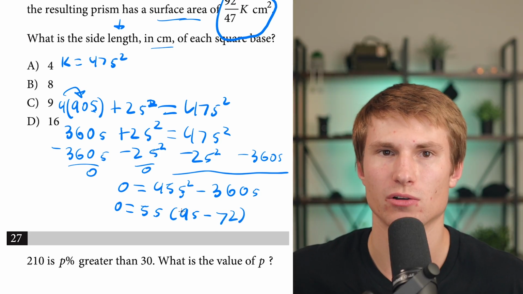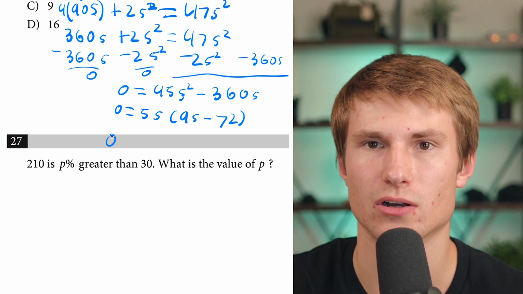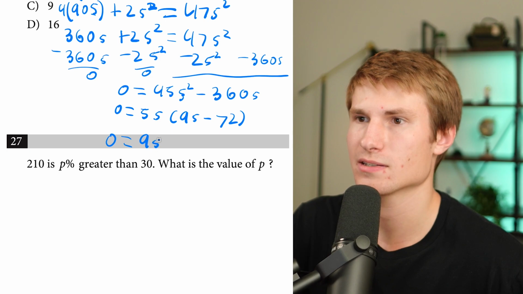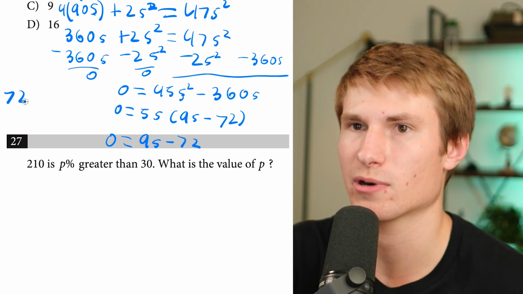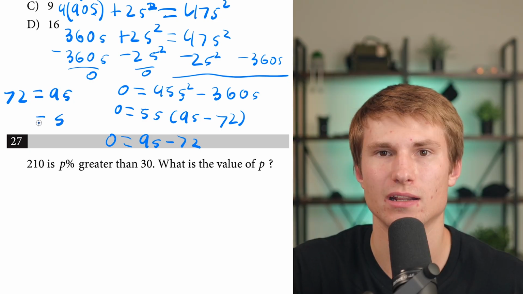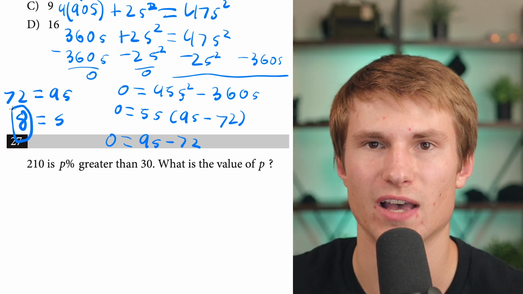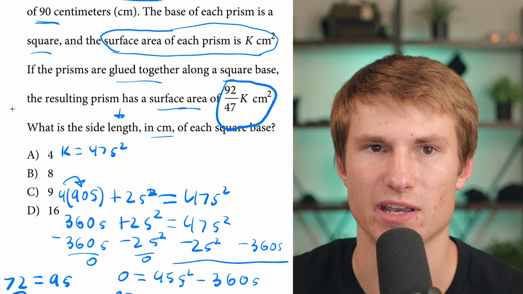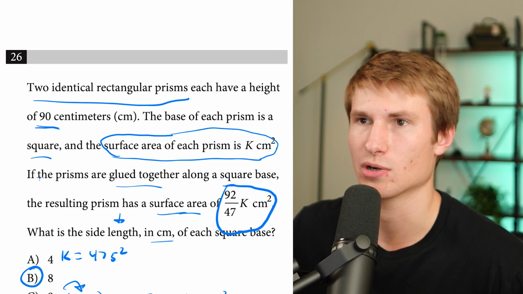So from here, we'll go ahead and set this equal to 0 again. So now we're going to have 0 is equal to 9s minus 72. From here, we'd add 72 to both sides. Once we do that, we're going to have 72 is equal to 9s. We divide both sides by 9. 72 over 9 is going to leave us with 8. And we see that 8 will be our value for s, which we see is going to be answer choice B. So B would be our correct answer here for question number 26.